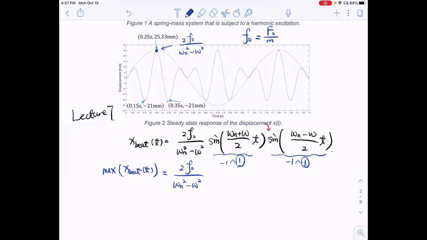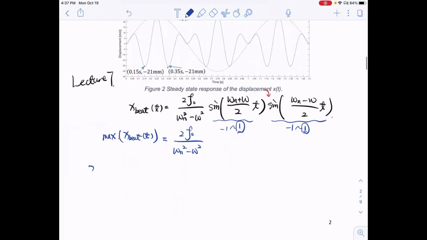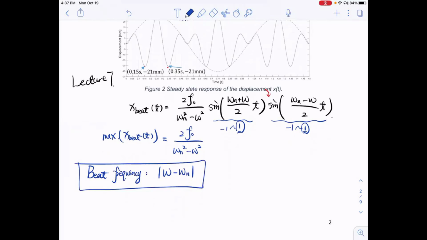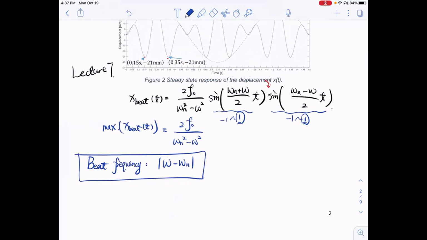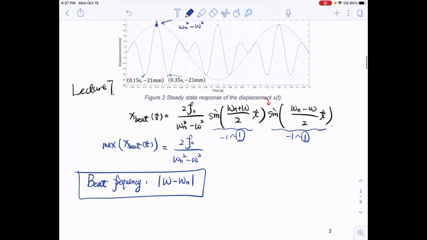The other thing is the beat frequency. By definition, the beat frequency is the difference between the 2 signals. That's just a definition, no reasoning. But how can we get the beat frequency from the plot? I think everyone got this correctly.